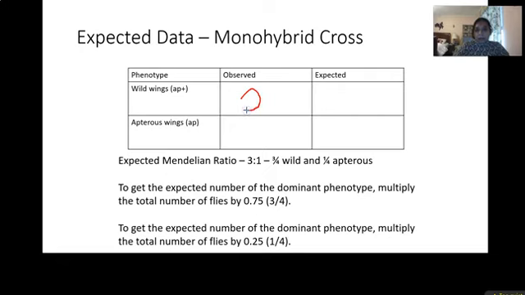Okay, so like we said, let's look at our numbers again for a second. We had 275 observed wild type and 25 apterous in one of the scenarios, and in the other one we had 108, 432, 324.